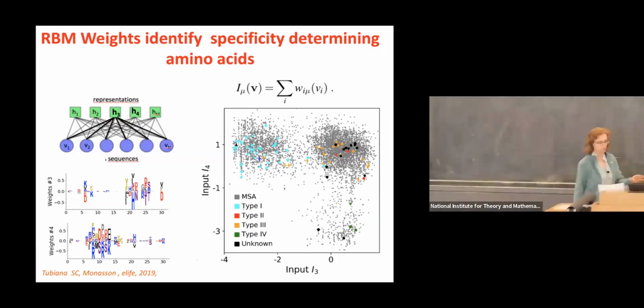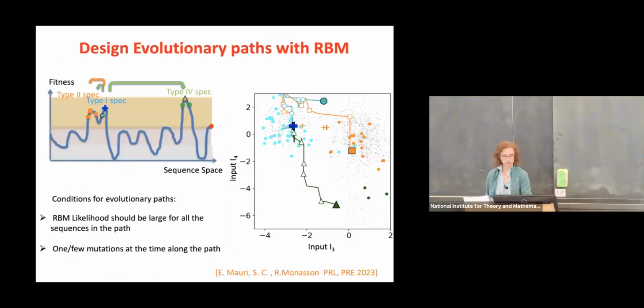Okay, so what we did, because time is passing, is we designed paths with two conditions: that RBM likelihood should be large for all the sequences in the path, so they are scored as good functional sequences, and you can mutate one or a few amino acids along the path at a time, so you cannot have a big jump in your fitness landscape.